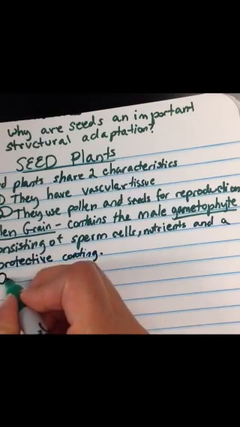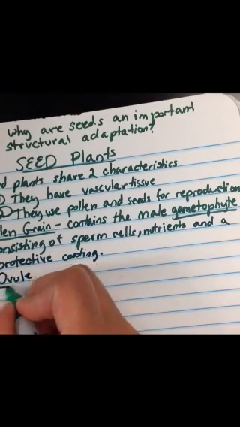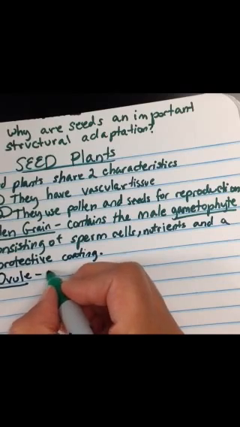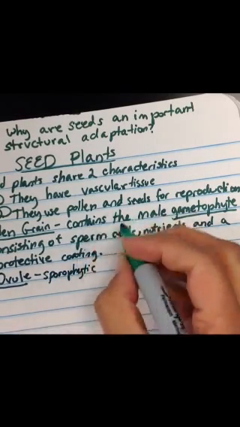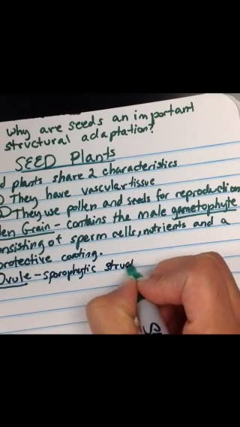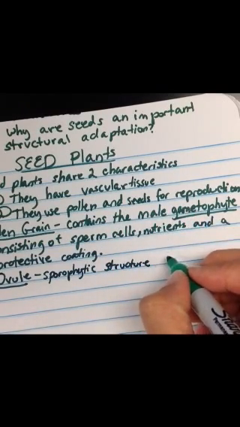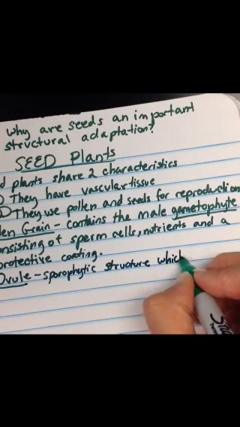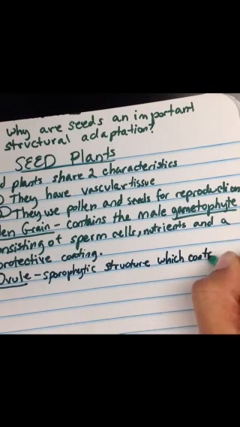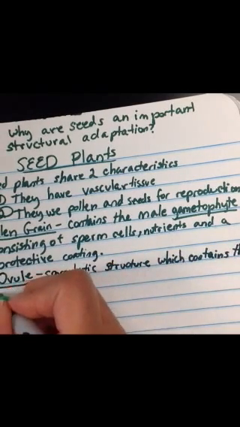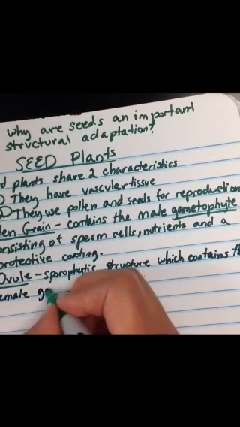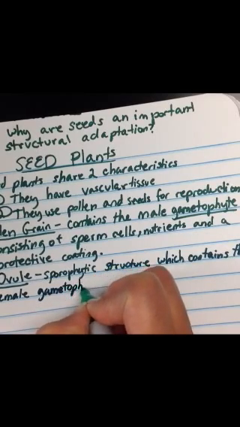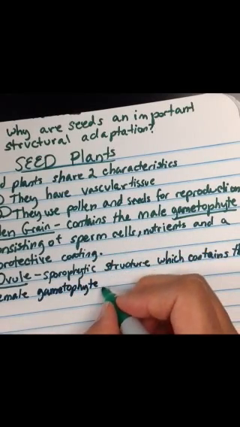Seed plants also have a female part, which is called the ovule. The ovule is a sporophytic structure which contains the female gametophyte, which produces the egg cell.